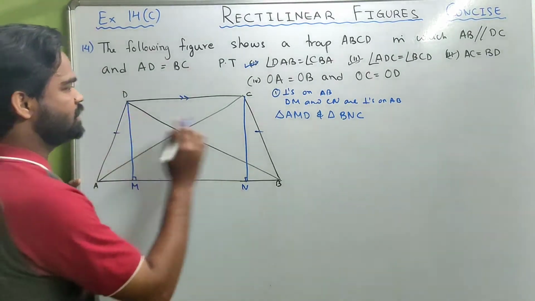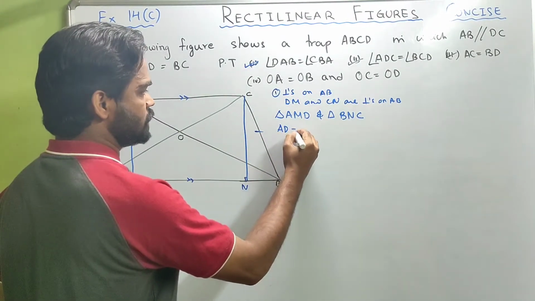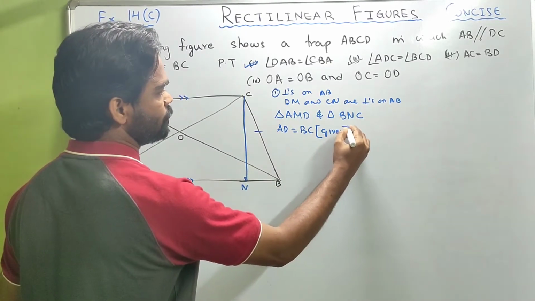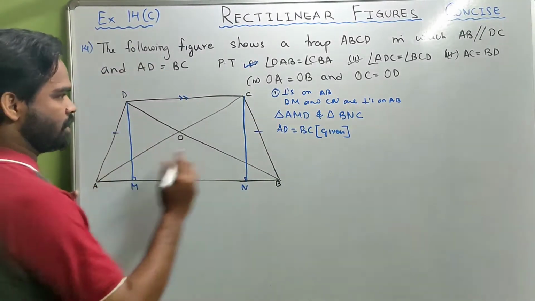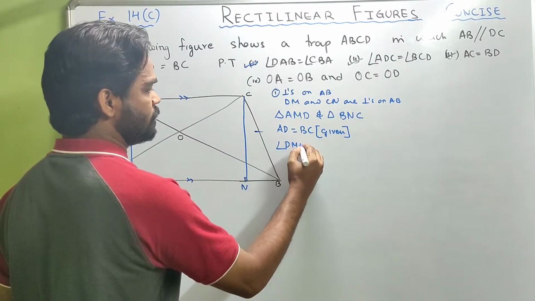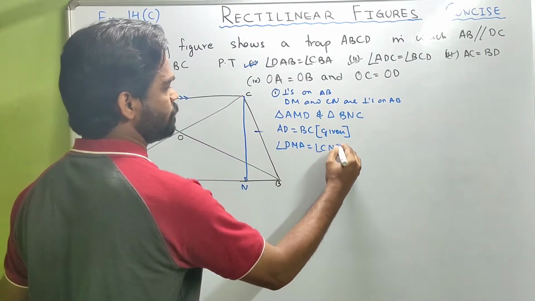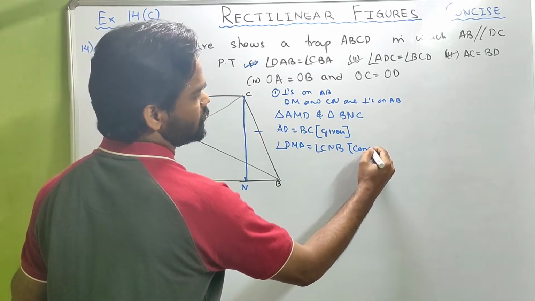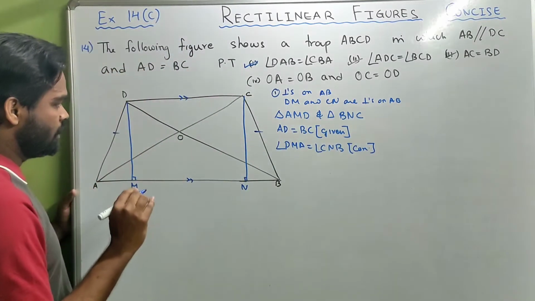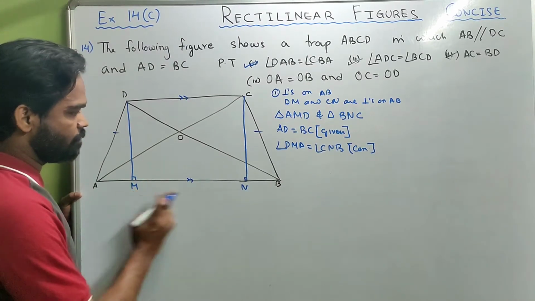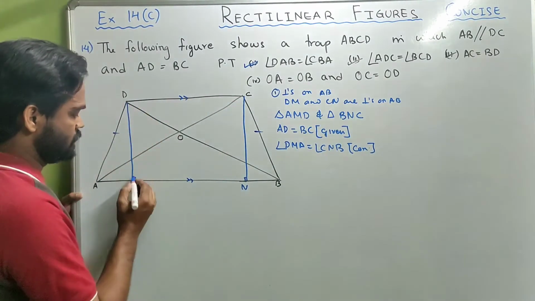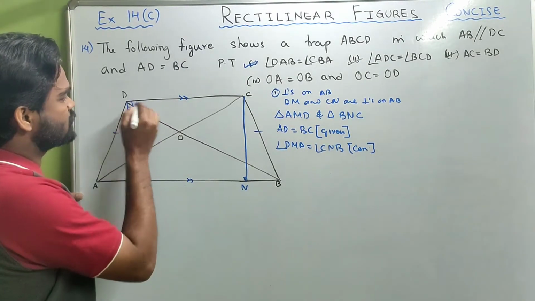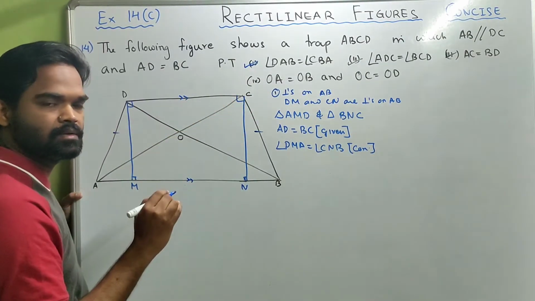Very easy. AD is equal to BC, that was given to us, isn't it? Angle DMA is equal to angle CNB. By construction you can say that. Now look carefully at MNCD. This angle and this angle are 90. These two are parallel, which means this angle and this angle will also be 90.